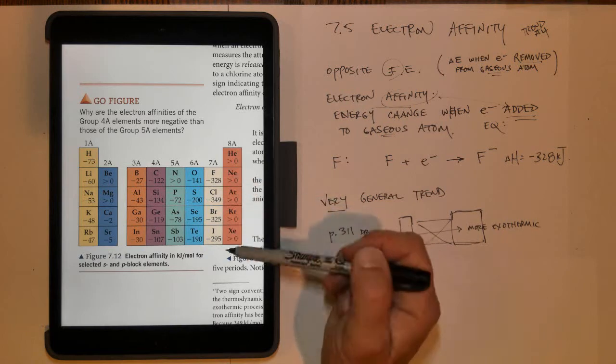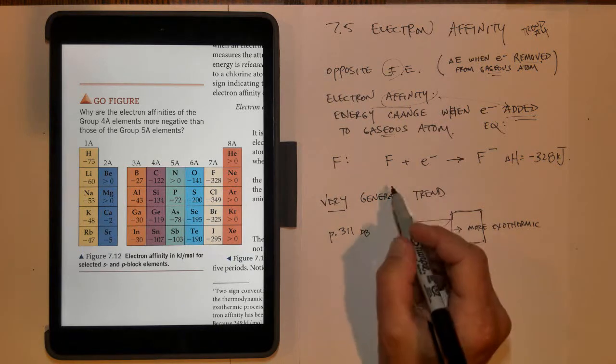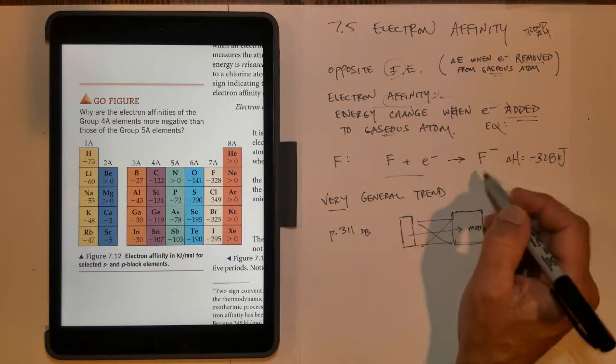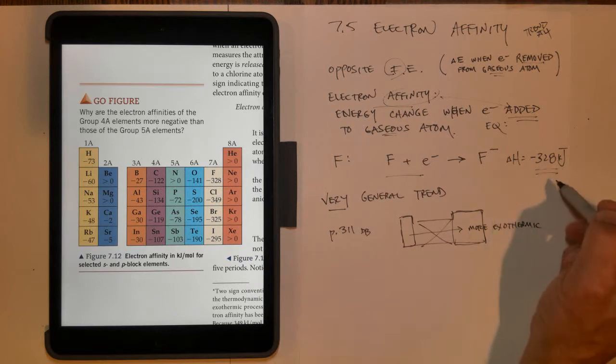And you'll see that the noble gases, of course, they don't want to gain an electron or lose an electron either. And so that's why there's our greater than 0 right here. So electron affinity has a lot of anomalies to it, but the general rule is that as things gain electrons to become more stable, like fluorine would then look like neon, they'll be exothermic.